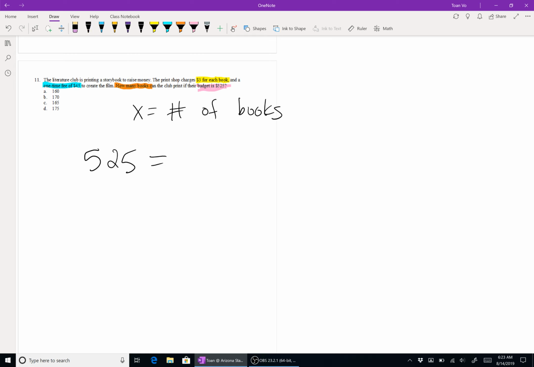Well, what information do I have that relates to money? Well, I know it's $3 per book. And again, anything that happens repeatedly will usually be the thing that's multiplying the variable. We have a one-time fee of $45, and that is usually something that's not attached to the variable. Here's our equation. All we have to do is solve for x.